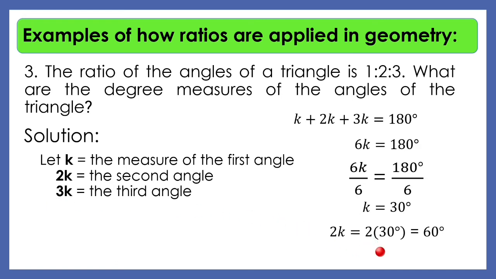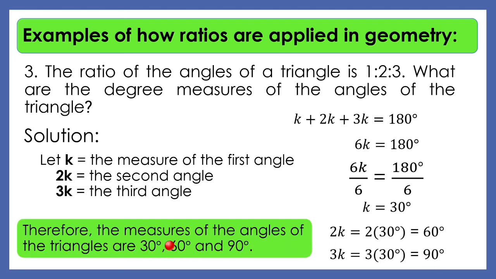Pareha sa ginawa natin dito, sasubstitute natin yung K ng 30 degrees. 3K equals 3 times 30 degrees, which is 90 degrees. Therefore, ang measures ng angles ng triangles are 30 degrees, 60 degrees, and 90 degrees.